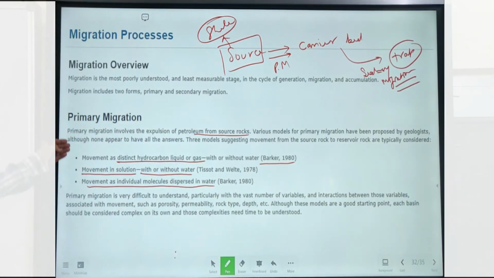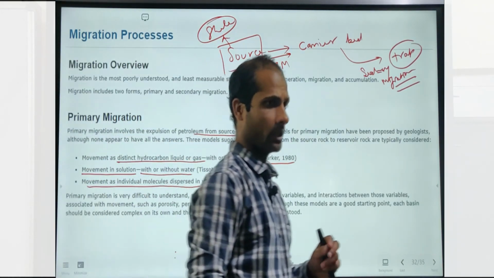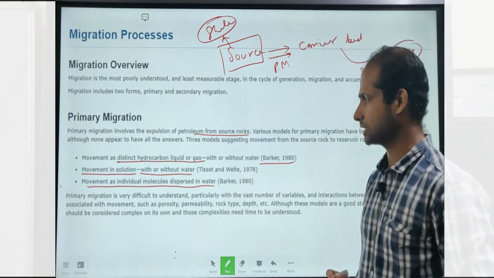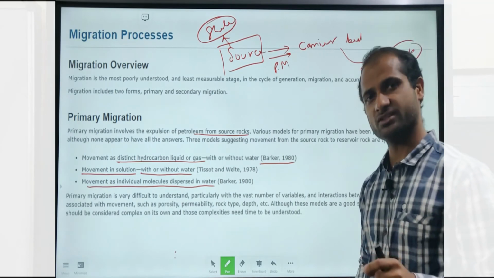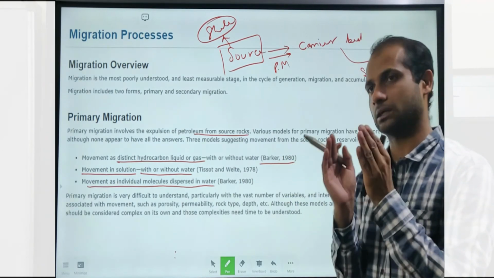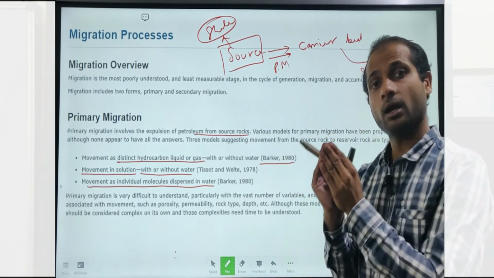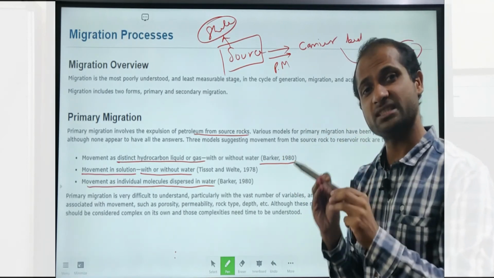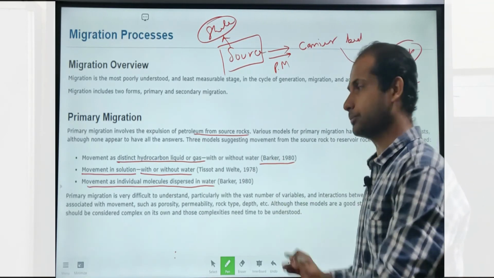There is not much difference between these theories, but usually the accepted view is that migration takes place all together, like oil, water and gas migrate together, and because of their mobility difference they accumulate at different positions.